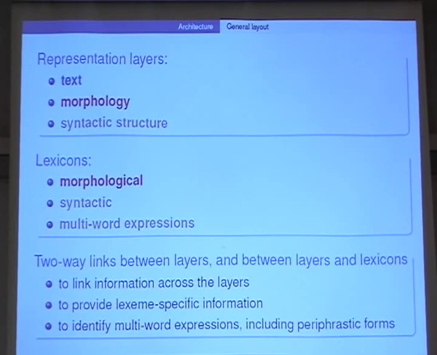So what does the overall architecture look like? There, as I said, are three representation layers: the text layer, the graphemic level, morphology, and then syntactic structure. For annotating sentences, we use three kinds of lexicons.